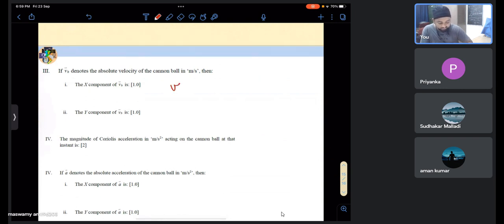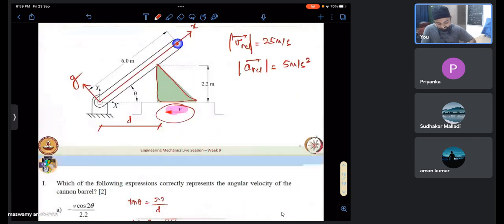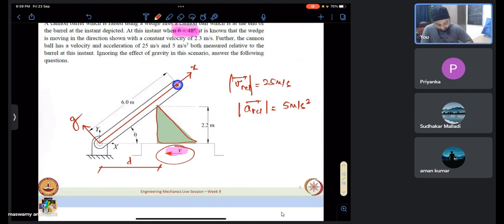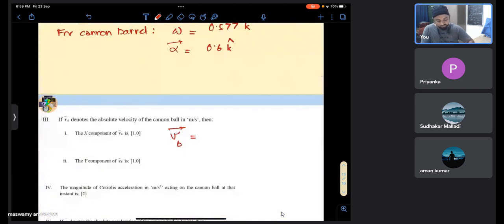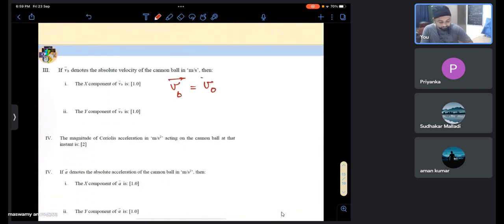So the absolute velocity, it is the same drill. We are just connecting it with the RFR now. So velocity of B is nothing but, let us call the hinge point O, and let us call this B. So it is velocity of O plus omega cross R of B with respect to O plus VREL.